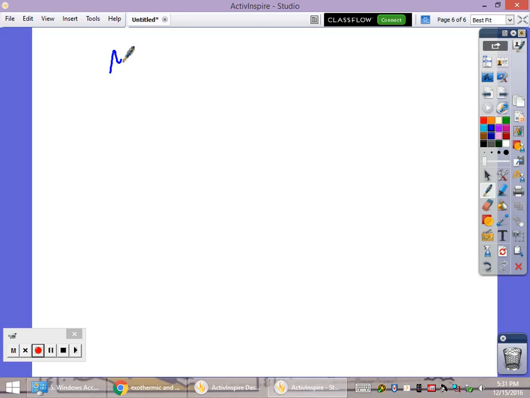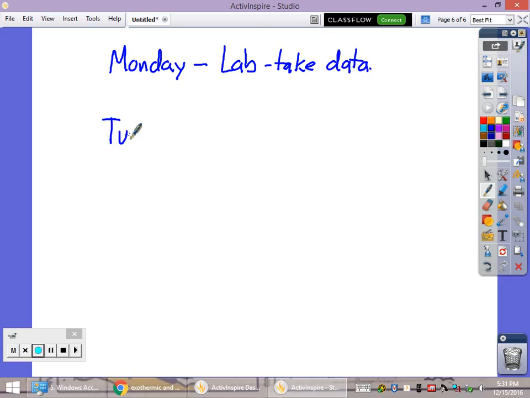Okay, so our schedule is this: on Monday, we're going to do lab where we take data that we're going to use the next day in the RQA. And on Tuesday, we'll have an RQA, a quarterly assessment where we're going to use the data we took on Monday.